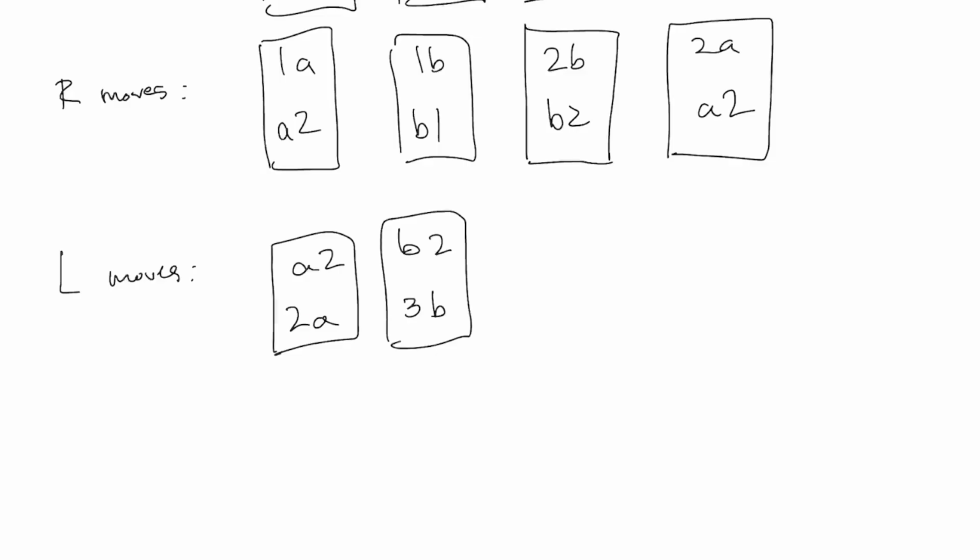And this, I think I meant for this to be a 3 also. Sorry, that's a typo. This is if you're in state 2 and you read a blank, you move to the left and go into state 3, all right? And then there were also similar ones. If you're in state 2 with a blank on the right and a blank on the left, you can move into state 3 with a blank on the right and on the left.